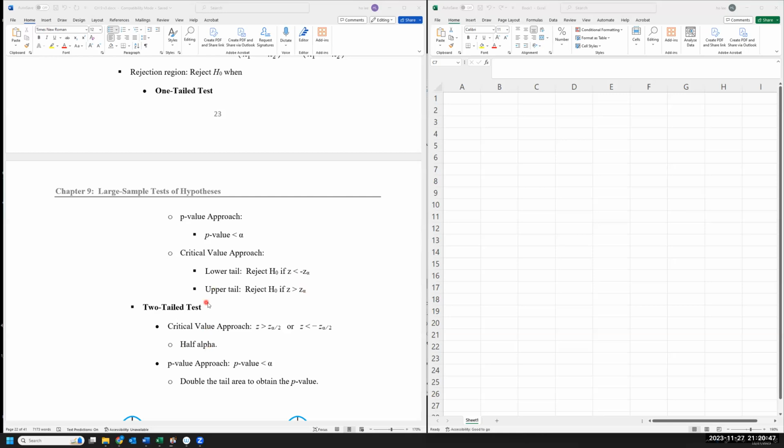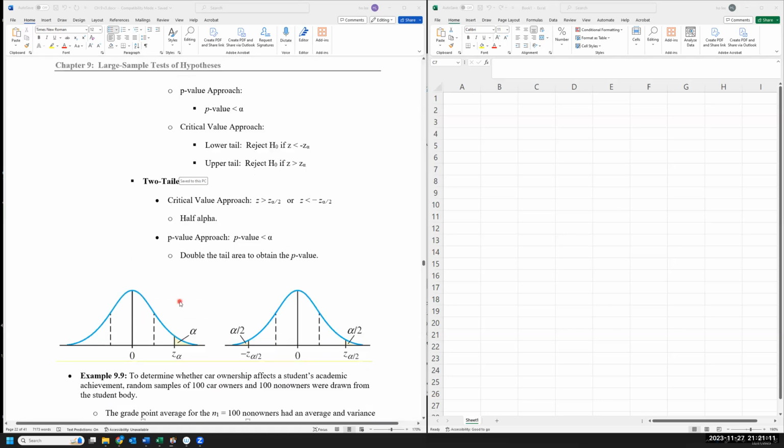And if it's a two-tail test, we compare the test statistic z with z of half alpha. With the p-value approach, to calculate the p-value, you have to double the tail area. All of this regarding the rejection is exactly the same for all of the tests.